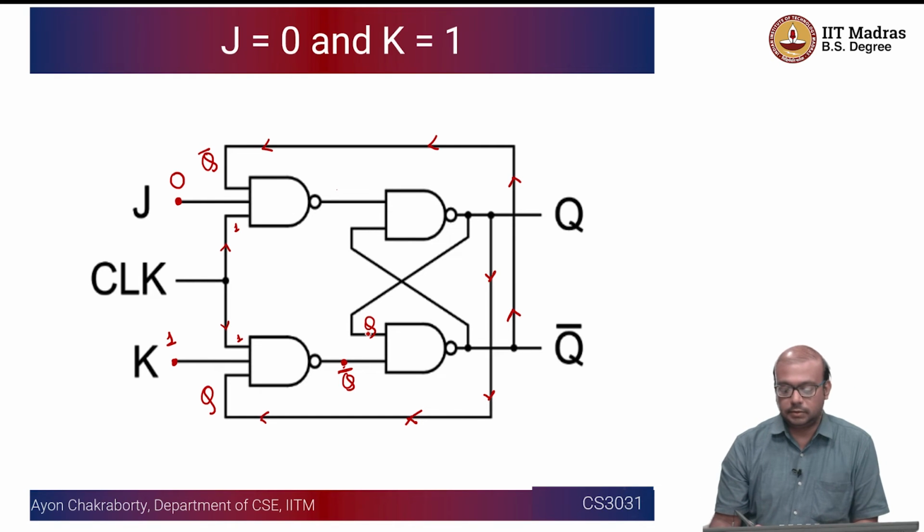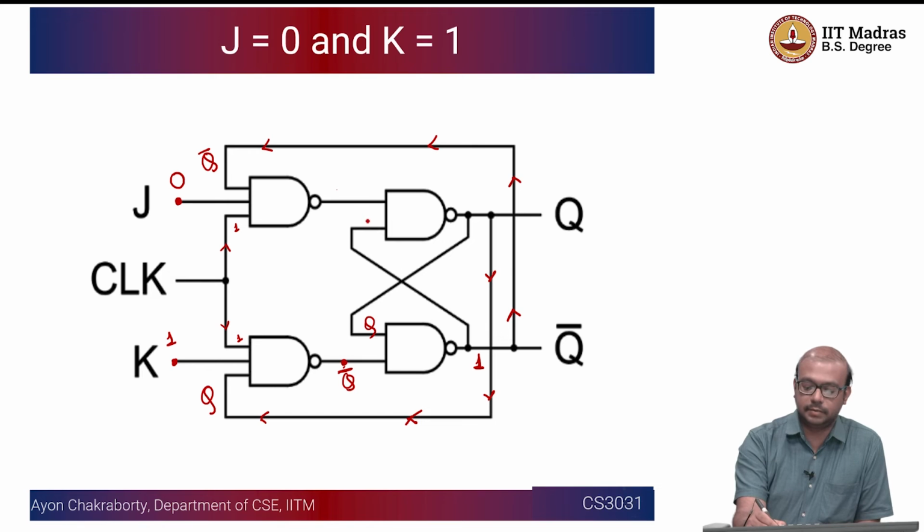So if we put this configuration, Q and Q bar, if you take an AND, this is going to be 0, and so the NAND of it is going to be 1. Similarly, if you have a 1 here, but you are also having a 1 here, because J is equal to 0, so 0 and Q bar and 1, the ANDed value is going to be 0, the NANDed value is going to be 1.